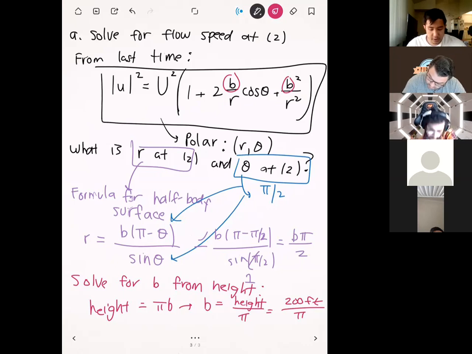Okay, and so now that we know theta, we know r, and we know b, we can just simply plug all of those in and solve for u squared. All right. Any questions on this? Okay.